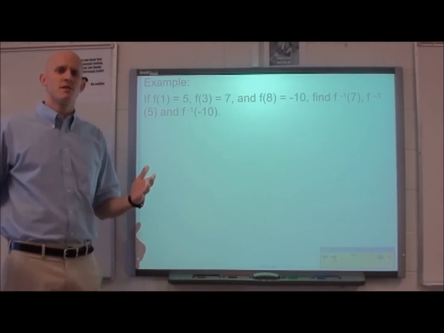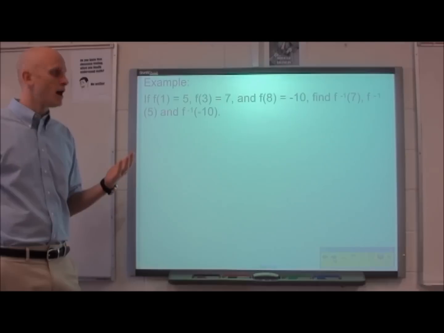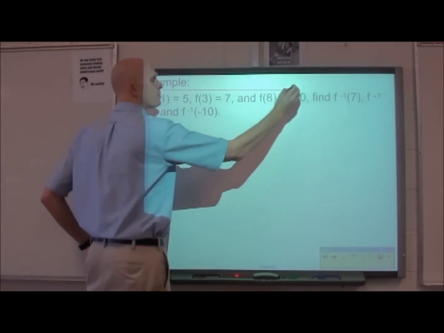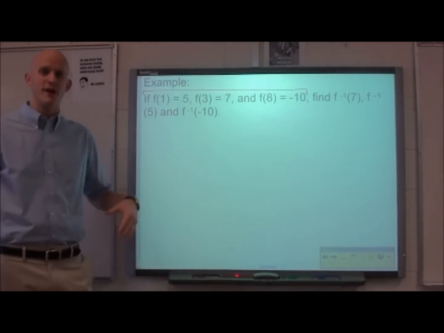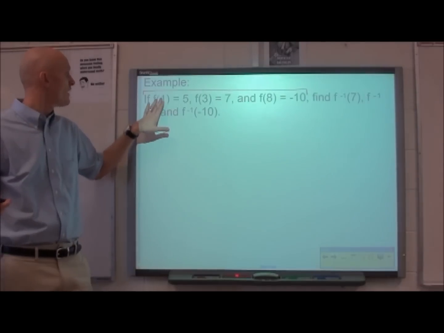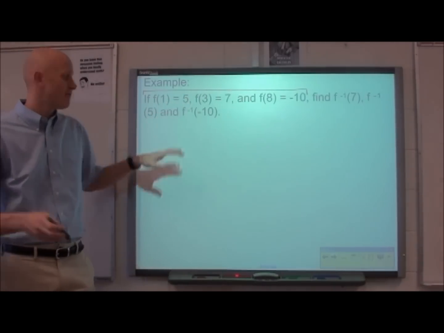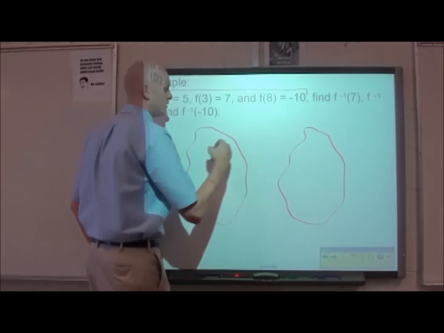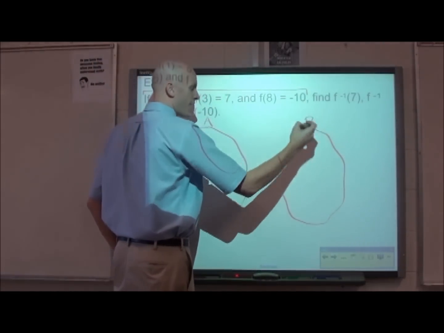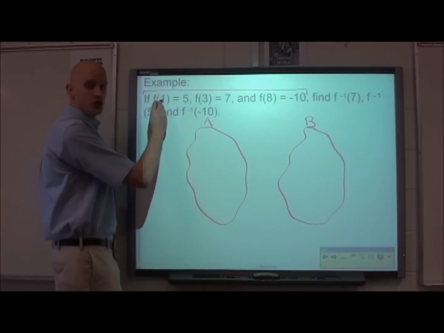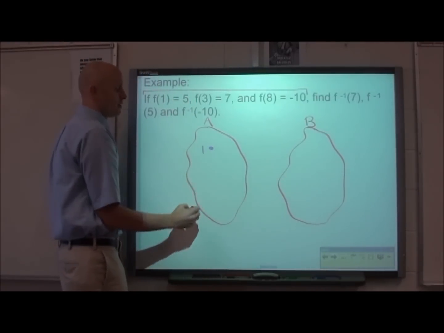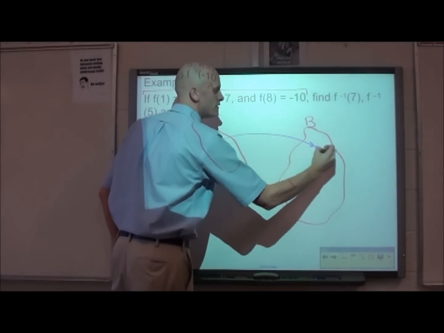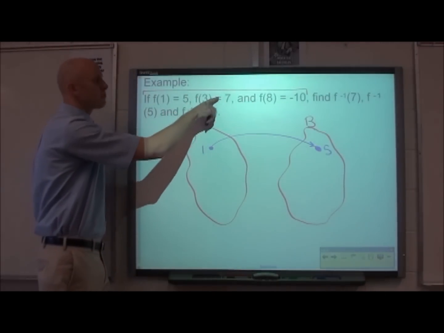Let's take a look at what some of these inverses look like if we're given values. So first I'm going to take a look at this first part, and I'm going to draw a picture to help you realize what's actually happening here. We know that f of 1 is 5. That means if this is the domain A and the range B, the function, when I input 1, maps to 5. f of 3 is 7.